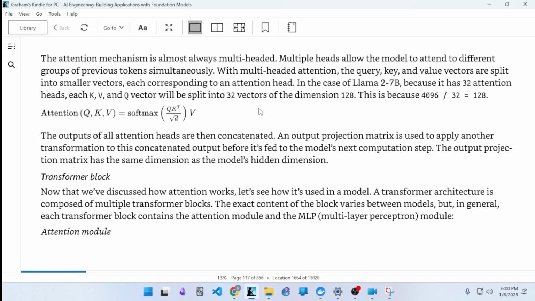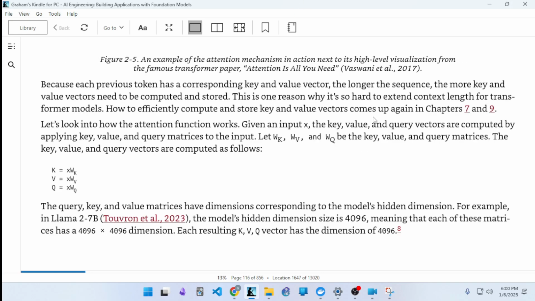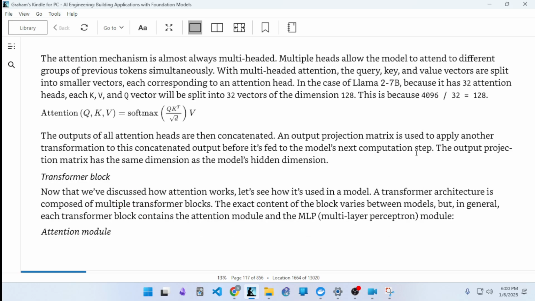I guess I would assume that it's time, but I don't know if that'd be fair to assume, especially since I didn't think we were talking about time. I thought we were talking about matrices. Okay, so not sure what that T stands for. We'll probably see it in the paper, and then that's divided by the square root of D, which I'm not sure what that is, and then all that times V.